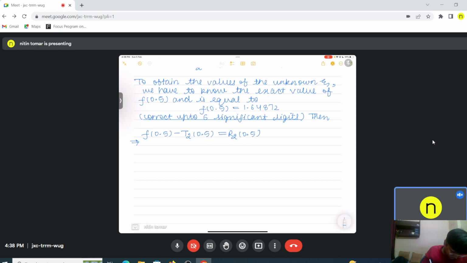So this will imply 1.64872 minus 1.625 is the same as 0.020833 times e power xi. And if you solve this equation, you will get e power xi to be approximately equal to 1.3857821.